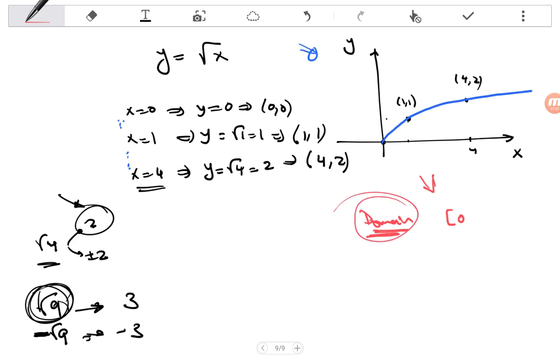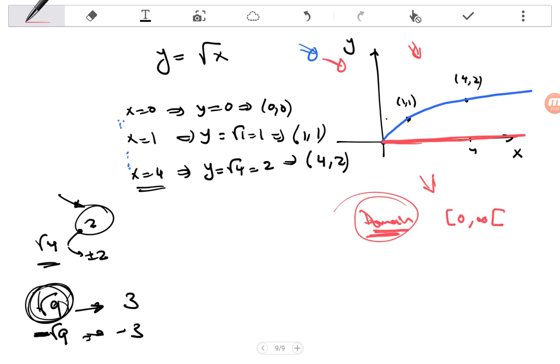So when we need to determine the domain from that graphical representation, we look on the x-axis. Which part of the x-axis has a curve or has some output? It is obvious here that it is the positive part like this. So it will be from 0 to infinity. That is the domain of that function.